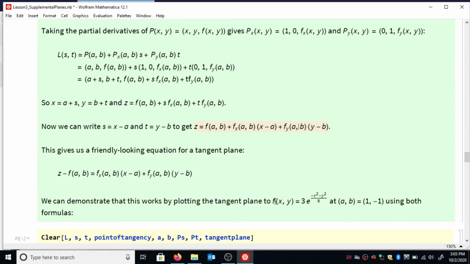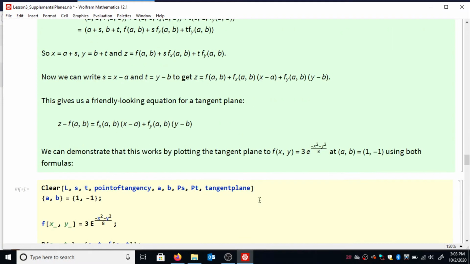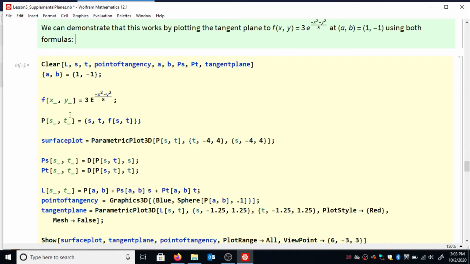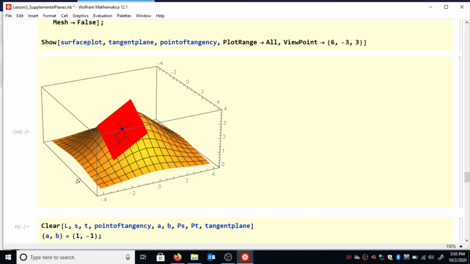So I'm going to take f of x, y equals this equation that I came up with at a point of tangency 1, negative 1. The first time I did this with a parameterization here. So you can see that I'm doing the parameterization of f, and I'm using the formula that we had parametrically, and we get this cool looking surface with a tangent plane.